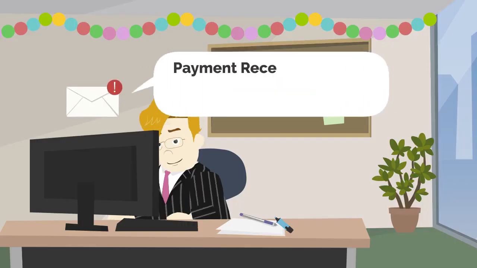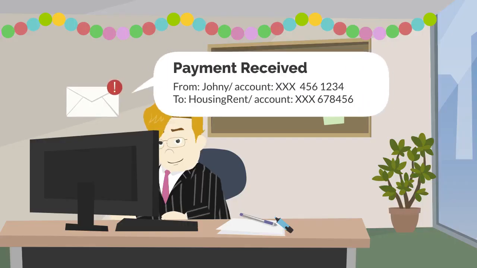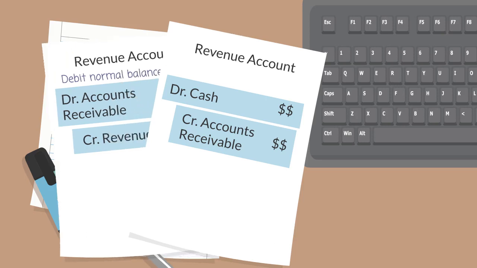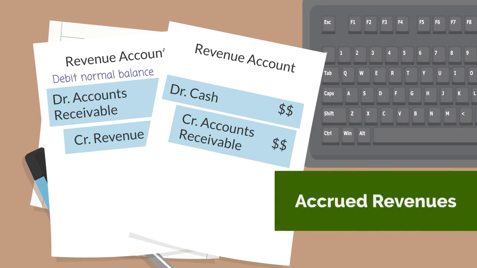When the firm receives the cash for the sale of a good or service at a later date, they debit cash with the cash received and credit accounts receivable, which represents the customer paying off their debt. Thus, this is an accrued revenue because we've built up revenue with the transaction on credit, and we got the cash for it later.